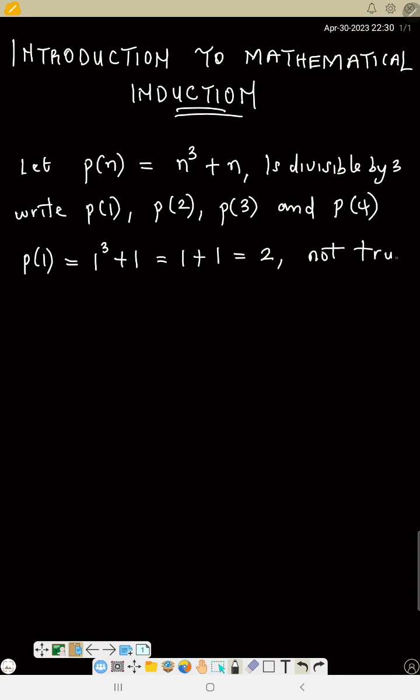So not true, because the statement is that it's divisible by 3. Now P(2): 2 raised to power 3 plus 2. So 2 raised to power 3 is 8, plus 2, that is 10. Not true, because it's not divisible by 3.